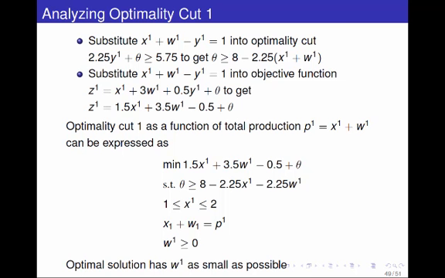What is total production in terms of the decision variables of the problem? X plus W. Y is the storage variable. So we have this constraint in period 1 that total production is equal to demand plus inventory that I sent to the future.